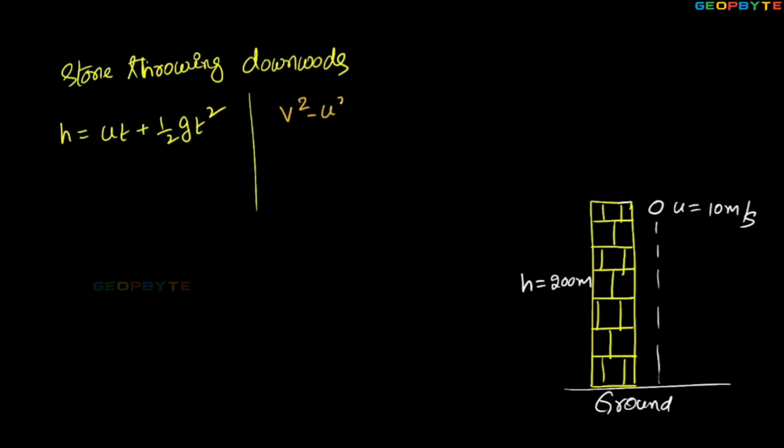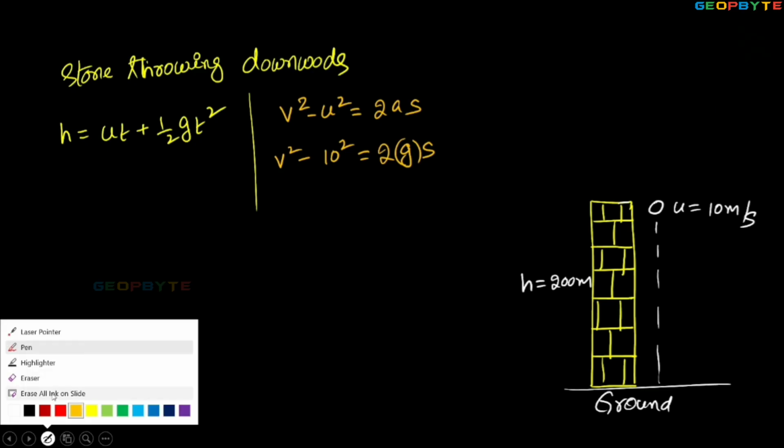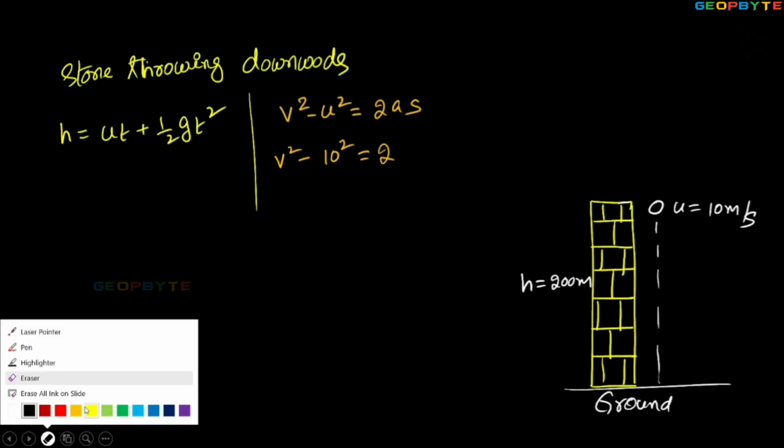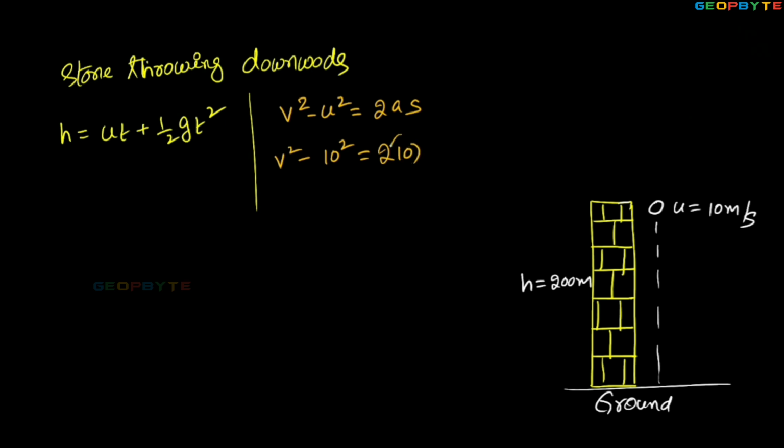v square minus u square equal to 2as. v square minus 10 square equal to 2 into, body is falling down, plus g into s. s equal to what, 200 meters. In the place of g, let me write 10. s equal to 200.